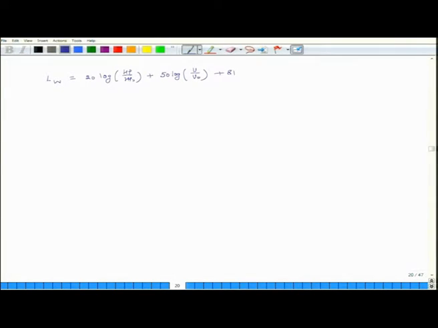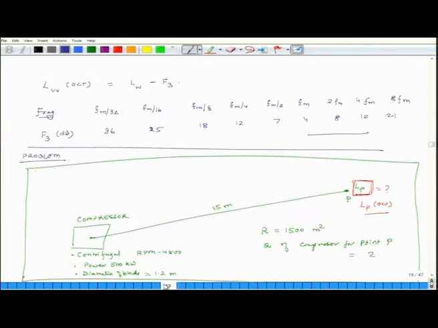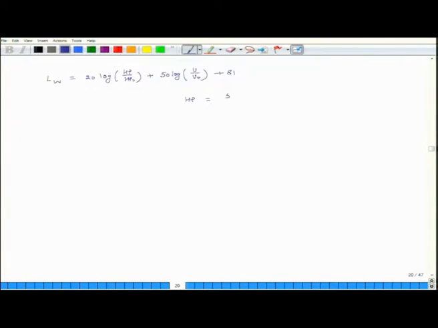What is HP? This is the horsepower of the machine, and what I know is that the power of the machine is 500 kilowatts. So, it will be 500 times 10 to the power of 3 watts divided by 746. If you do the calculation, it comes to 670 horsepower.